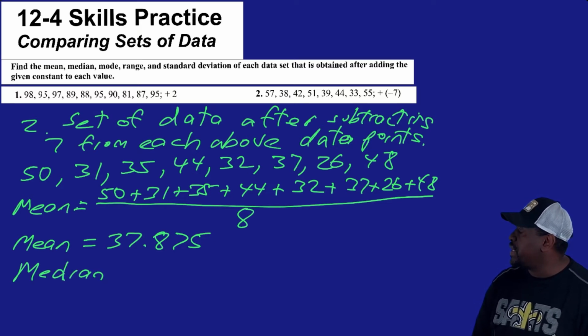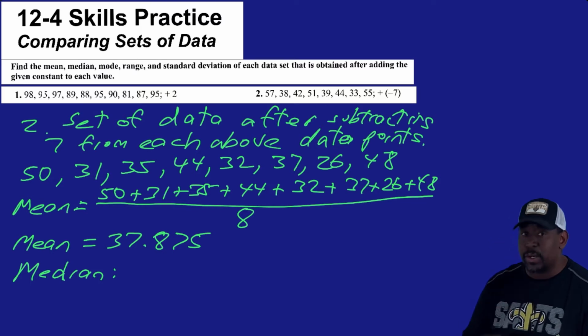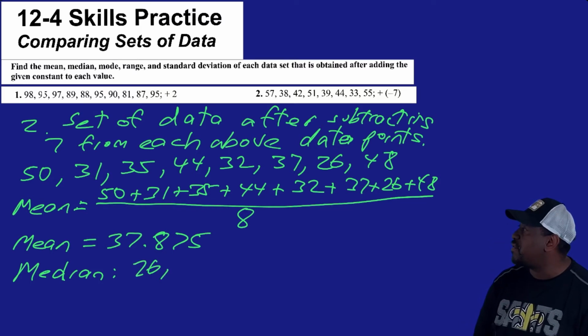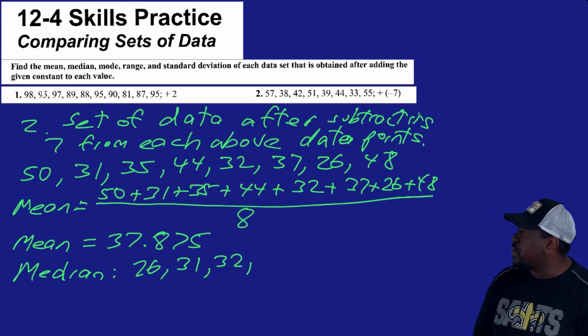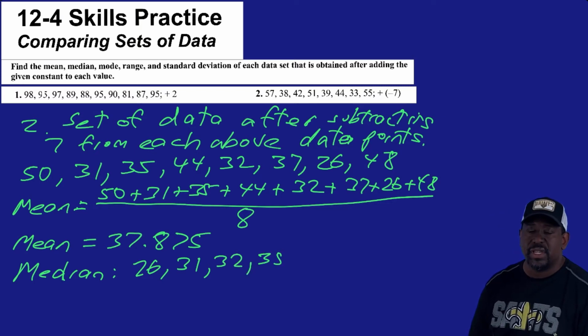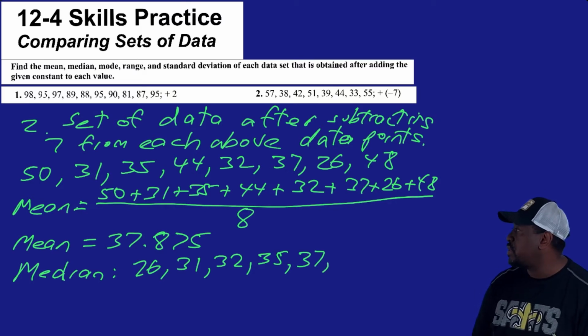Now the median, how do you determine median? Well, median is determined by finding the middle term. So what I'm going to do is rewrite each of these 8 data points from the lowest to the highest, and then we're going to find the one that's in the middle. If there are 2 in the middle, then we take the average of the 2 in the middle.